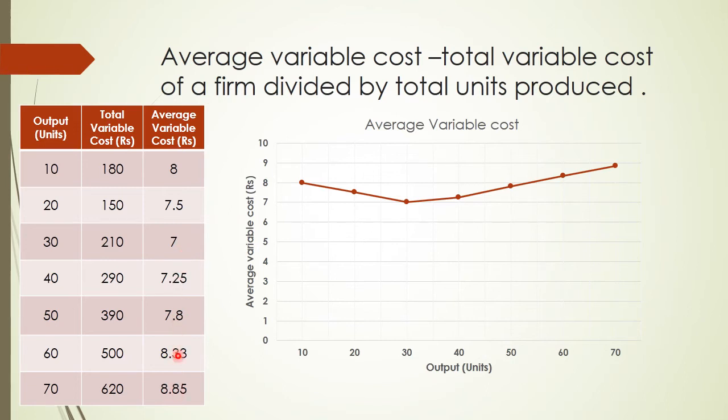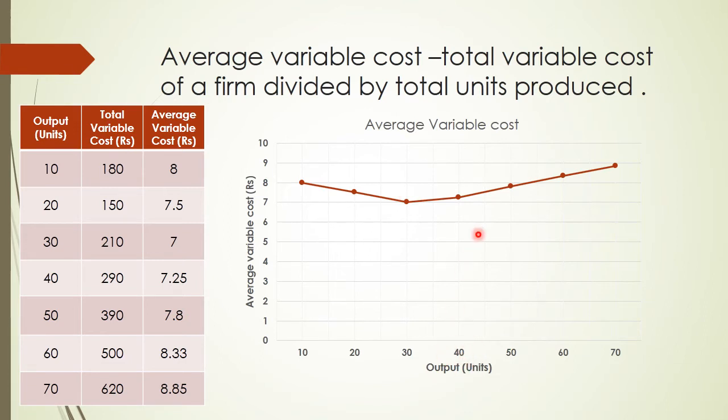Now as you can see, as the number of units are increasing, your total variable cost is also increasing, because it is directly associated with the number of units produced. So if you produce 60 units, your total variable cost is 500, and per unit cost we will find 500 divided by 60, so it will give us 8.33.